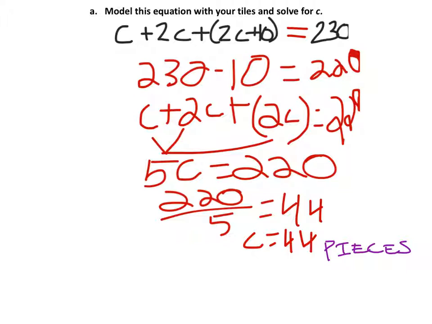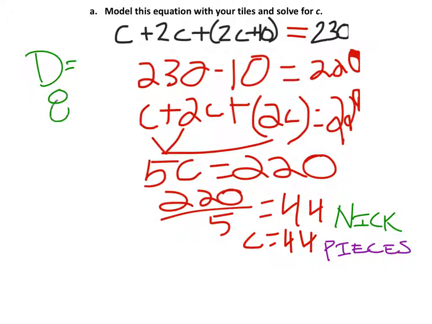Okay. Well, this wasn't the only question. There was more to this, and Josh did a great job solving the equation. There's another part to this. C, what does C represent? Candy. Candy for Nick, specifically. Well, if Nick got 44 pieces, then how much did Damien get? 88.